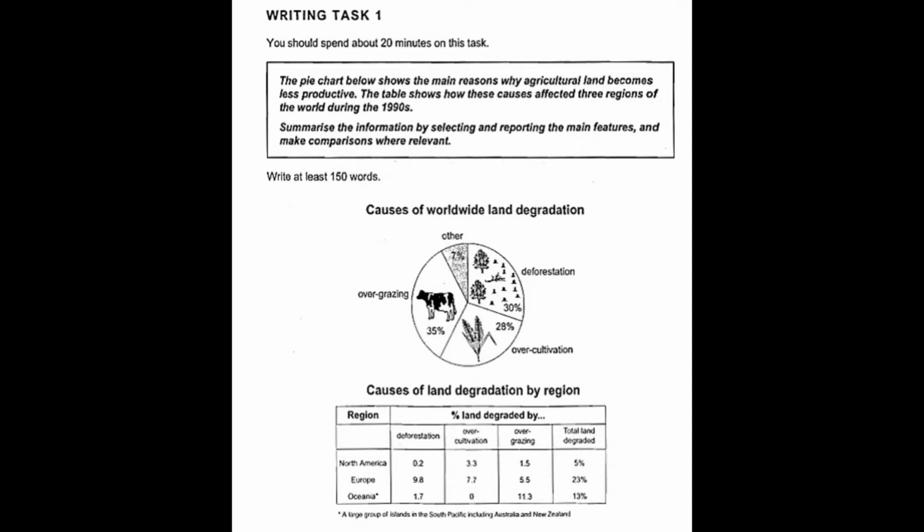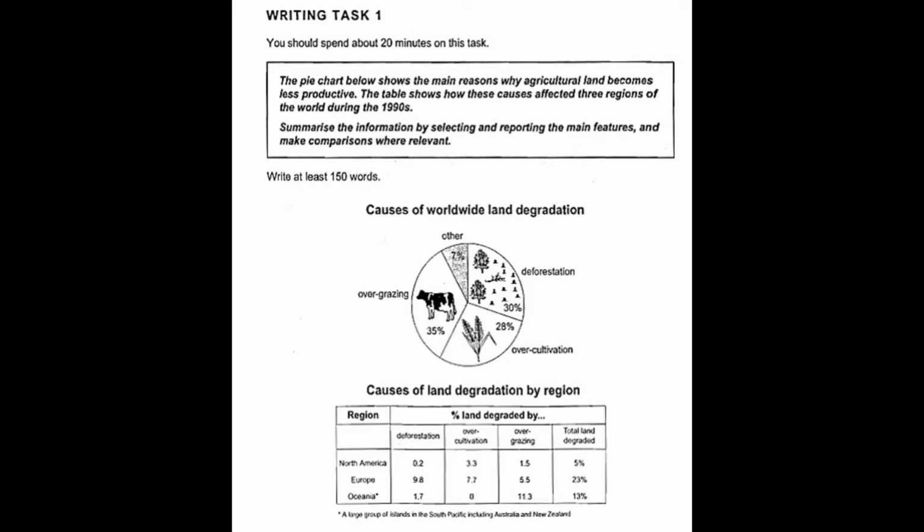As I mentioned in my previous lecture, where we left was a comparison of two diagrams. The first one is the pie chart and the second one is the table. And the question statement is: the pie chart below shows the main reasons why agricultural land becomes less productive.